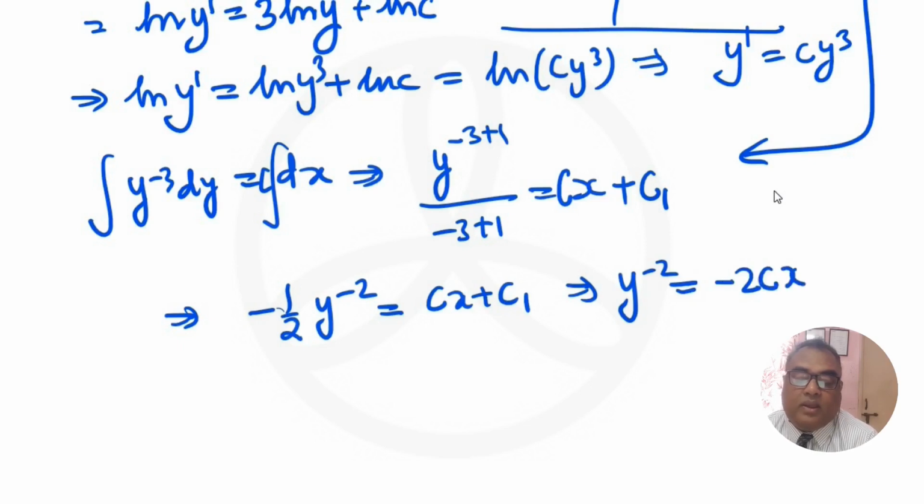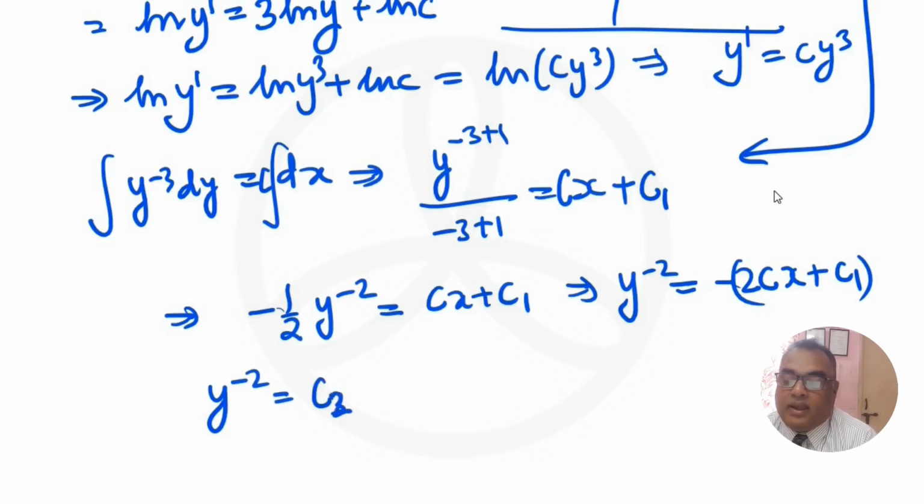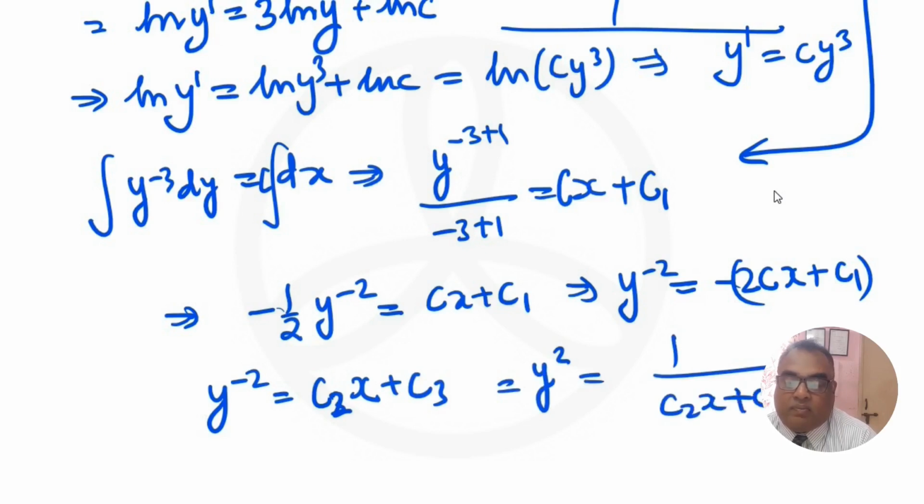And I will assume different constants by merging minus 2 into this. Let the new constants be c2 and c3. So we will have c2 x plus c3, and y square will be 1 divided by c2 x plus c3, and this will give us y is equal to c2 x plus c3 to the power minus half. I think, friends, this is the answer.